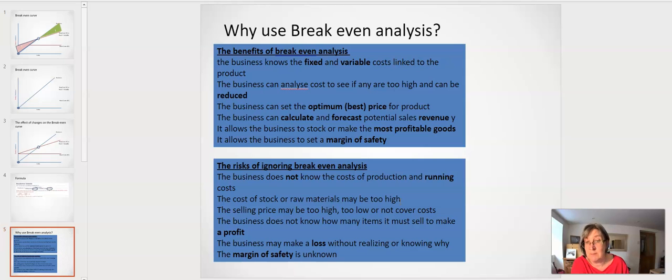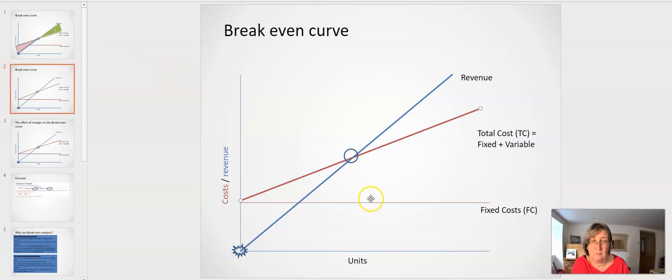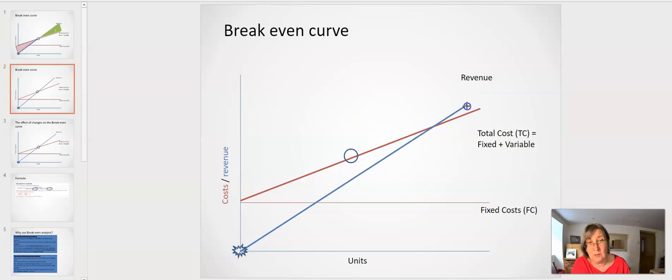The selling price might be too high or too low, or not cover those costs. So let me come back here. Price may be so high that they will stop selling, or price may be so low that they just can't make a profit.